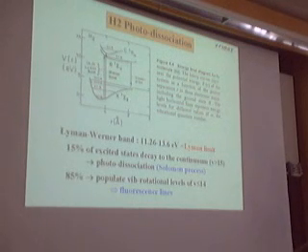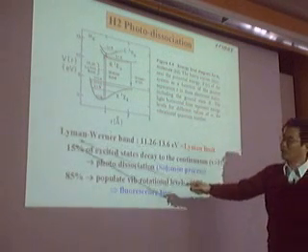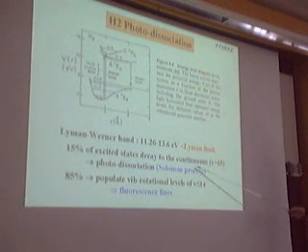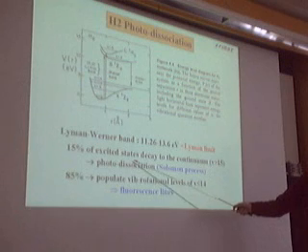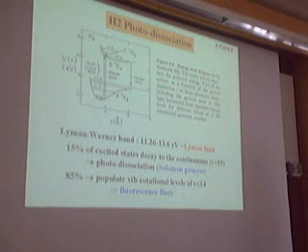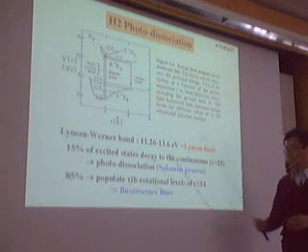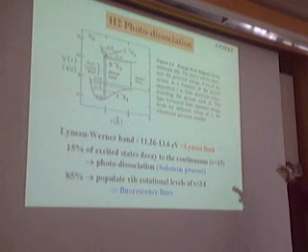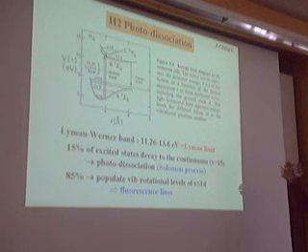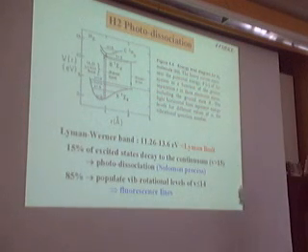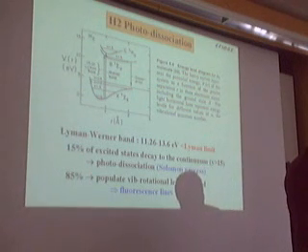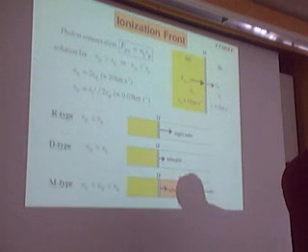Actually, 15% of the excited state can decay to the continuum, which is equivalent to photodissociation. This is a little bit tricky physical mechanism. And 80% is populated in the rotational levels of the hydrogen molecule. This is called the Solomon process. So we should consider such a process in the formation of the hydrogen molecule.